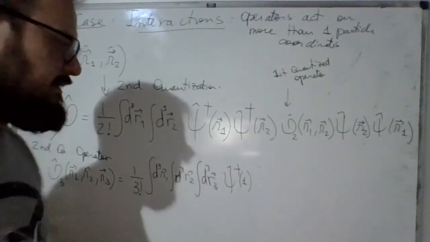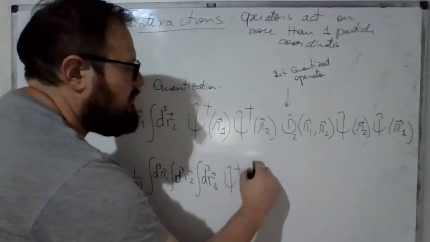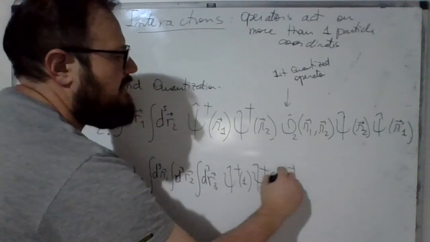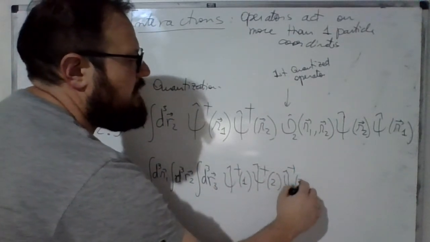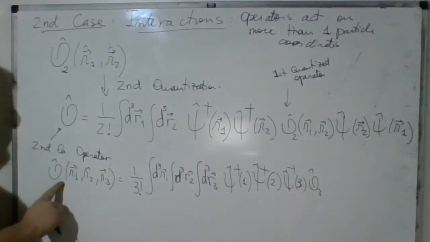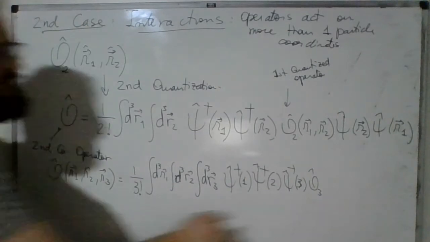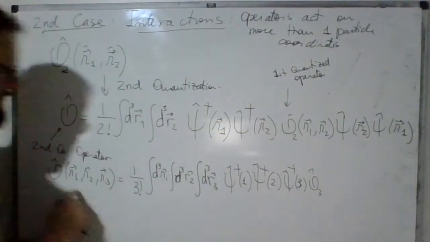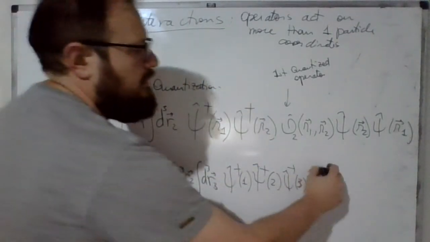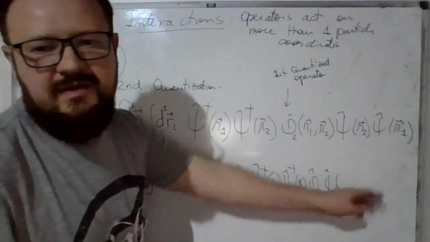Okay, so 1, and psi dagger for the second particle, R2, and psi dagger for the third particle, then the operator which in first quantization acts on the coordinates of three particles, and here you go in descending order.